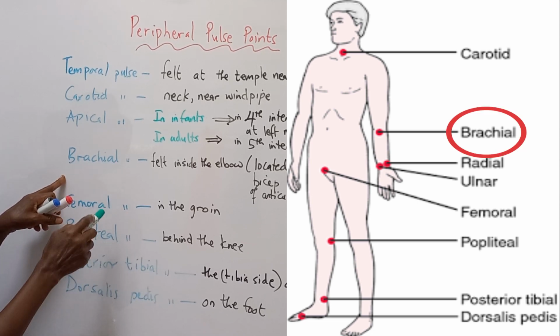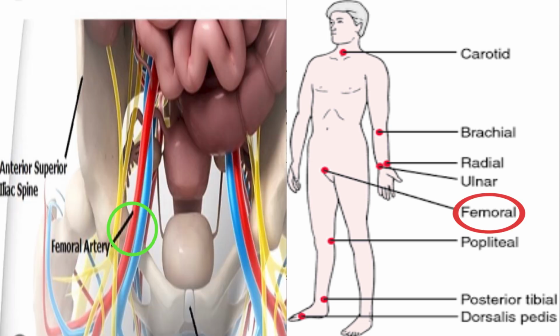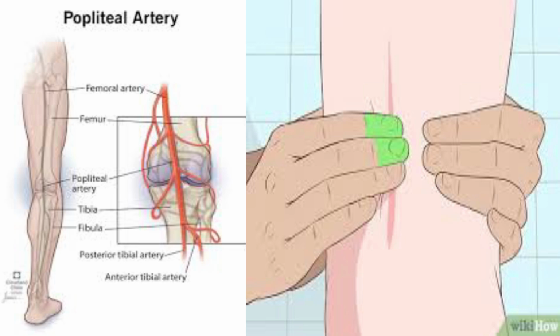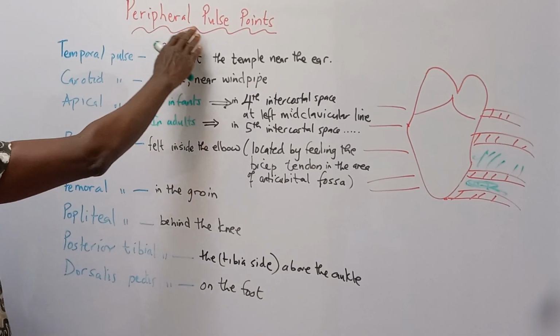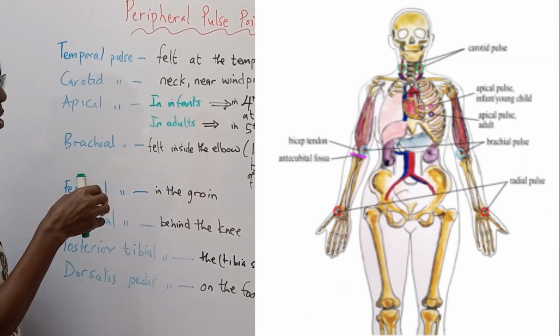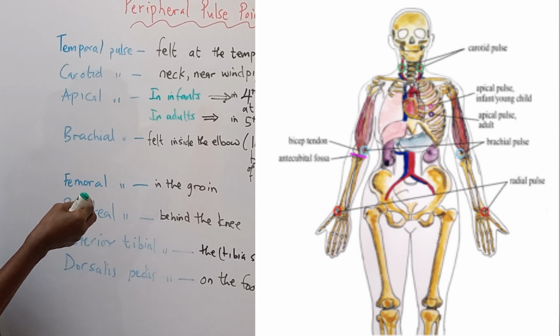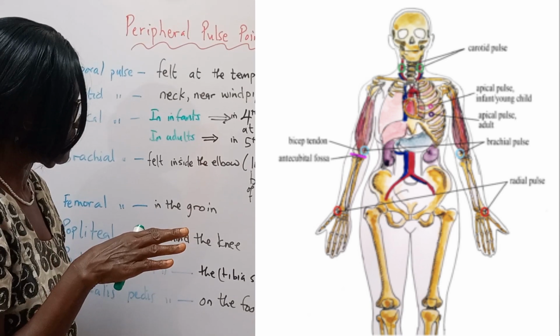That is the brachial pulse, felt inside the elbow. Femoral pulse is felt in the groin, popliteal behind the knee, posterior tibial at the side of the ankle where the tibial bone is, dorsalis pedis on the foot. And you see where all these peripheral pulses are, they are near bones or lie slightly on bones. That is why they can be felt easily.